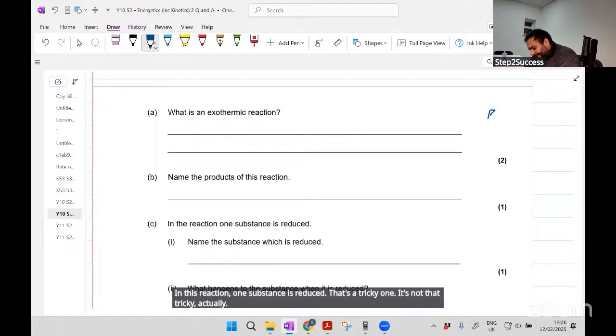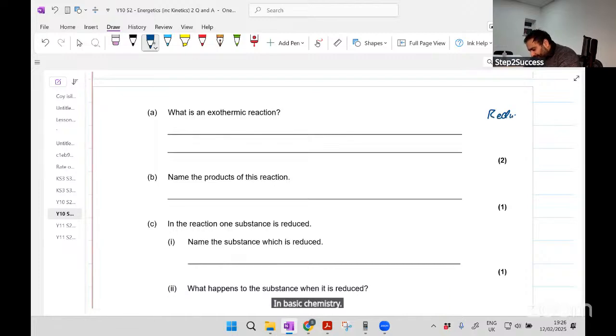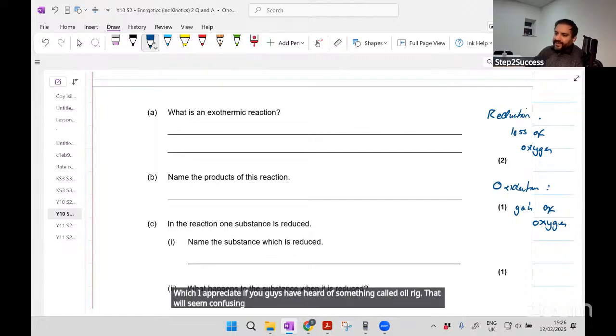In basic chemistry, the word reduction means the loss of oxygen, and oxidation is the gain of oxygen. I appreciate that if you have heard of something called OIL RIG, that will seem confusing, but OIL RIG is specifically about electrons, not about oxygen.